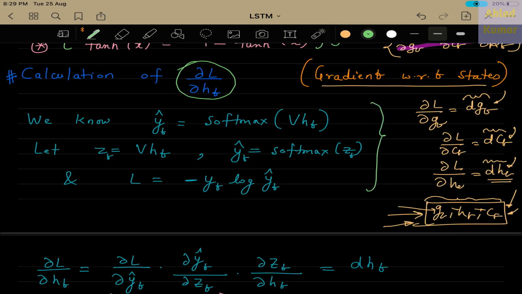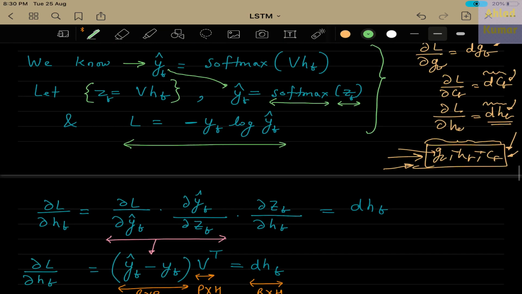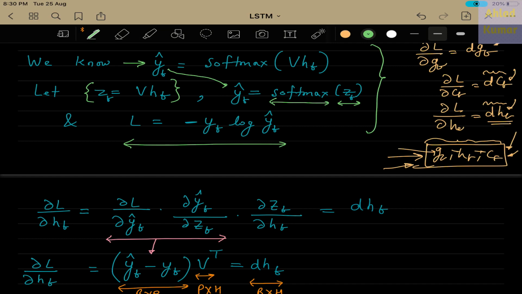You can see we have the last equation, y hat t as a function of V HT. Let us say ZT is V HT. So we rewrite this expression as y hat t equals softmax of ZT, and the loss is defined like this. This we already know.